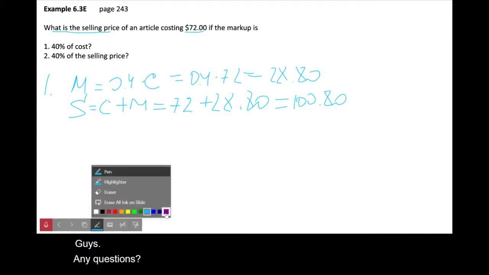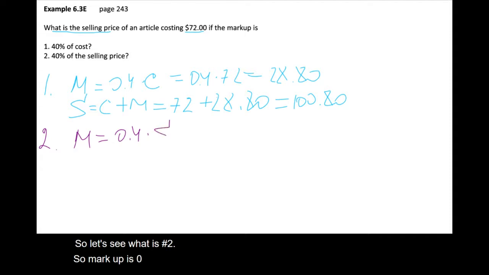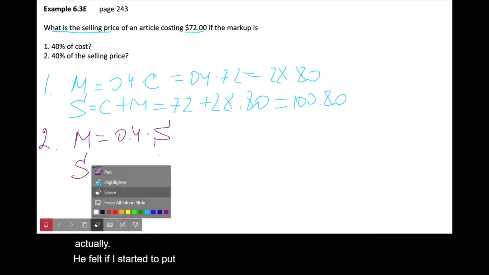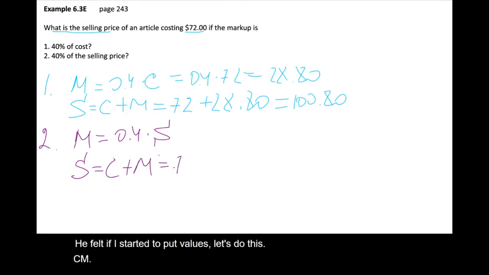So let's see number 2. Markup is 0.4 times S. And here I cannot calculate markup right away. So let me do this in steps: S equals C plus M, where C is 72 plus 0.4S.